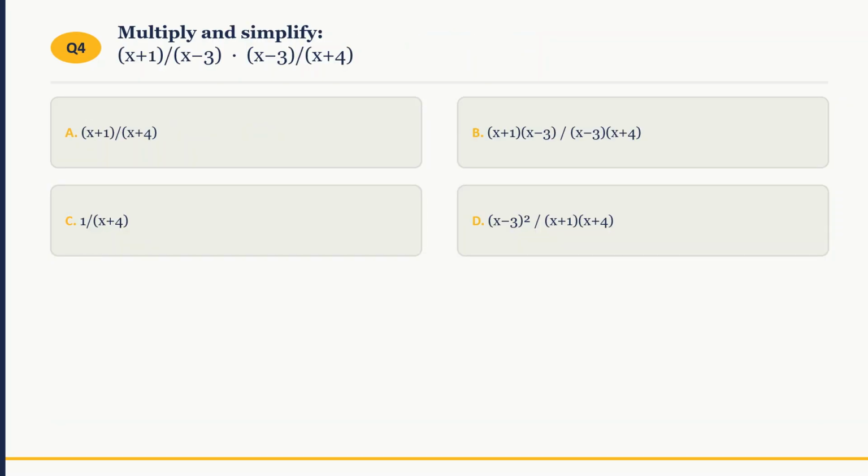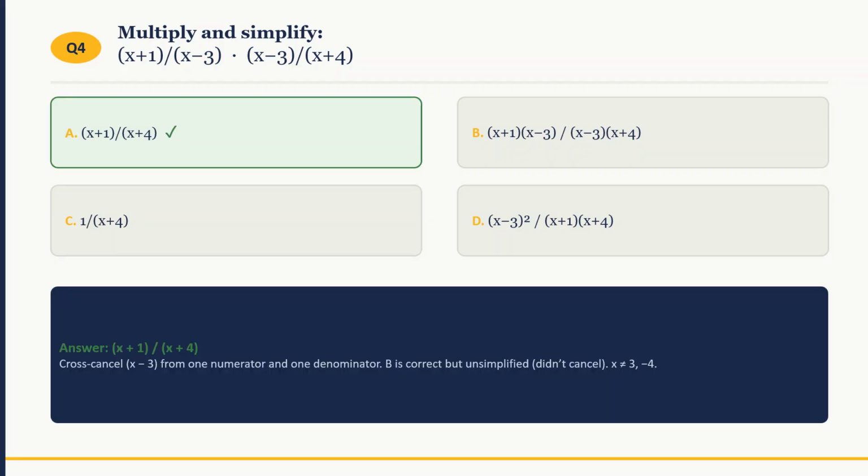Question 4. Simplify (x squared minus 9) over (x squared plus 5x plus 6). Use parentheses in your answer. Take a moment to think about it. The answer is the quantity (x minus 3) over the quantity (x plus 2). Factor. The numerator is a difference of squares, (x minus 3) times (x plus 3).